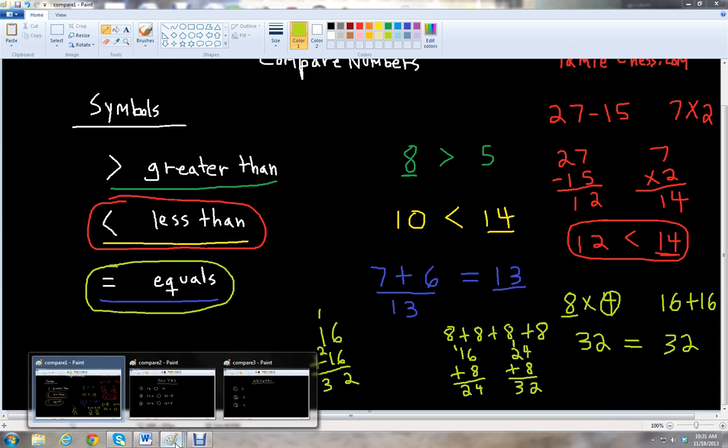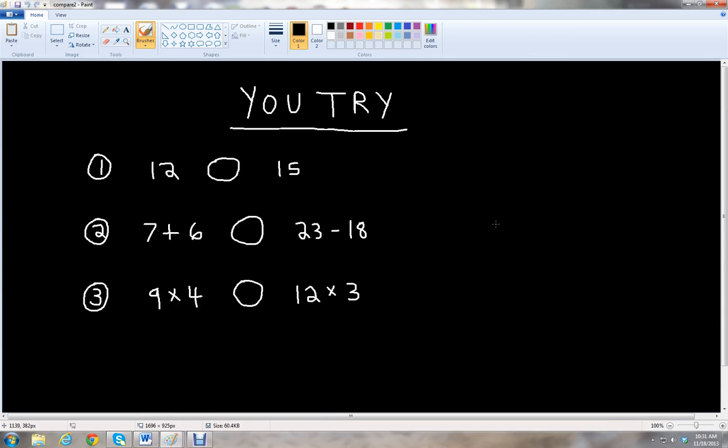Okay, so doing a couple examples here and give you a chance to try 3 problems on your own. So in these 3 problems, you need to fill in the correct symbol, whether it be greater than, less than, or the equals sign into each of the little circles here.